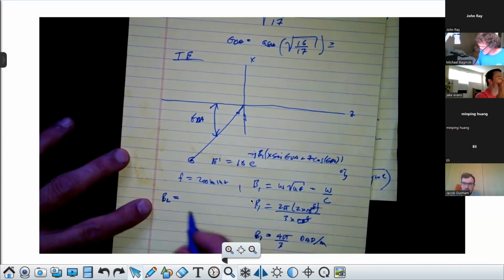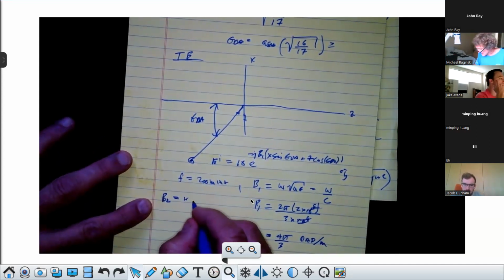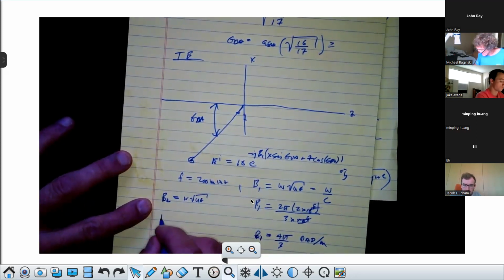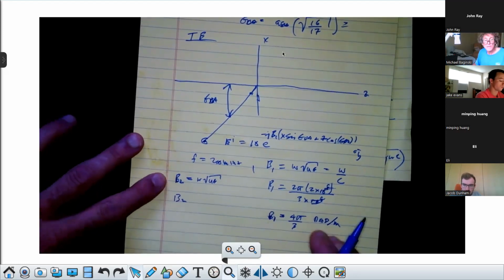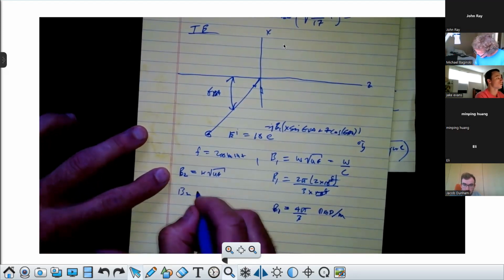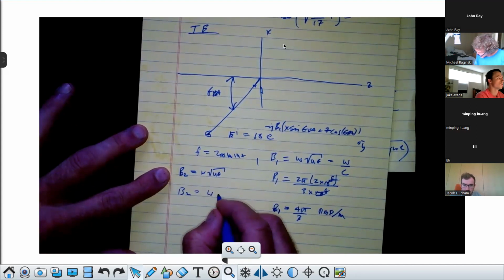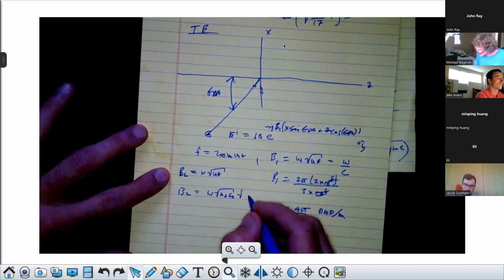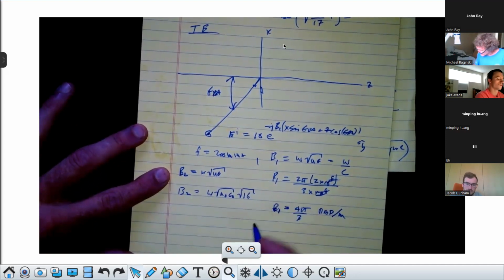Now, beta in region 2 is still going to be omega times square root of mu epsilon, right? But now it's going to be omega times square root of mu naught epsilon naught times square root of mu relative epsilon relative, which is really square root of 16.